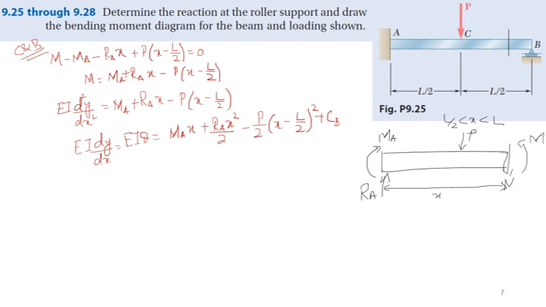So if I integrate again, this becomes EI y equals MA x squared by 2 plus R A x cubed by 6 minus P by 6 times (x minus L by 2) cubed plus C3 x plus C4.